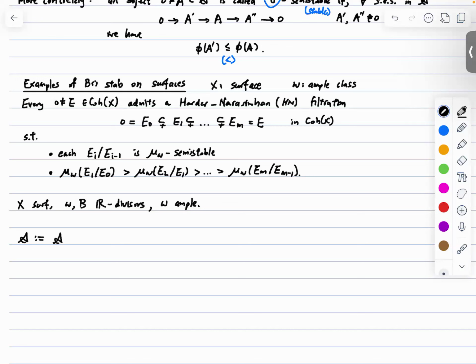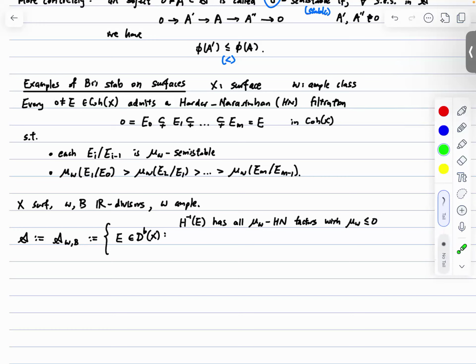So this abelian category is defined using both omega and B. So I'll use subscripts omega and B. So this is the category of all the objects in the bounded derived category of coherent sheaves, so all the complexes of coherent sheaves such that the cohomology at degree -1 has all its Harder-Narasimhan factors with slopes less than or equal to 0.